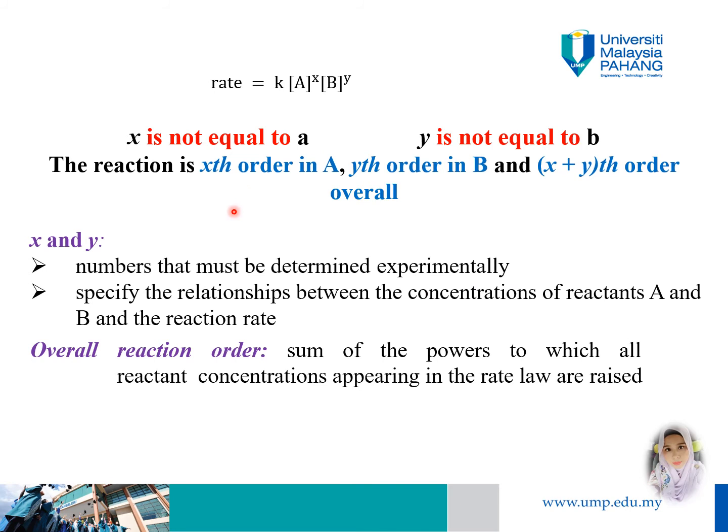The reaction is x order in A and y order in B. The overall order is x + y, where x and y are not the stoichiometry of the reaction. This means it is determined by the concentrations of species A and species B. x and y are numbers that must be determined experimentally. So the overall reaction order is the sum of the powers, which is x + y.